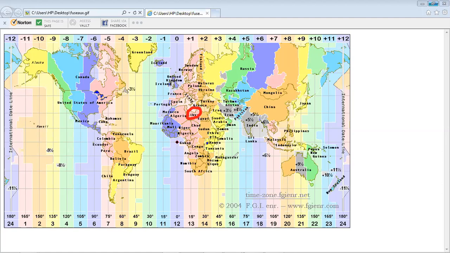It's 8 hours difference between Libya and Japan. In Libya now the time is 1:30 p.m. If Japan is earlier than us, this means 8 hours passed, so 1:30 plus 8. What is the time in Japan now? 9:30. Yes, that's right, 9:30. Okay, this is just a reminder from yesterday.